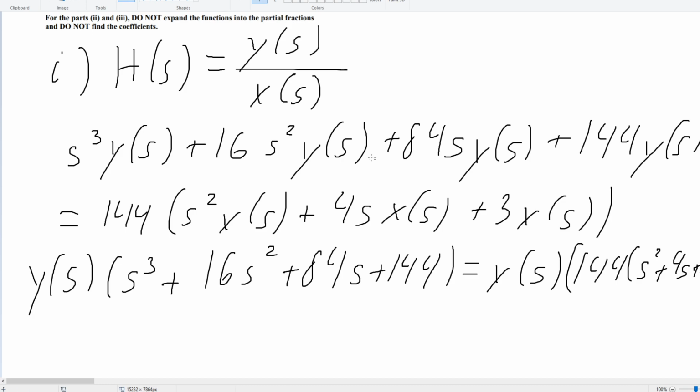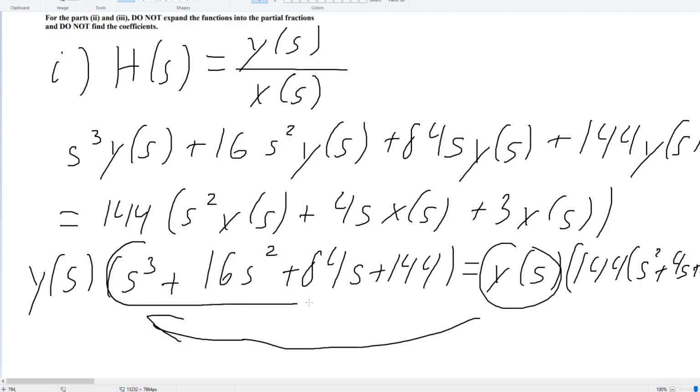Now we're trying to find Y(s) over X(s). So basically, we're going to divide the X(s) over here and we're going to put it over here. And then we're going to put this one over here on the bottom. So the X(s) is going to be on the denominator, and the values that were being multiplied by Y(s) are going to go in the denominator over here.